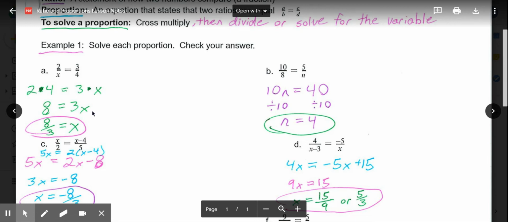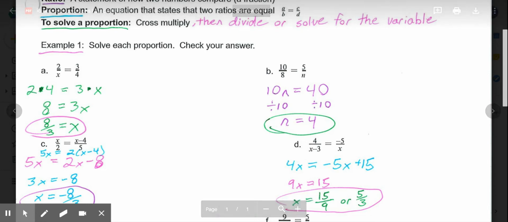So then cross multiply, done, then divide. So divide both sides by 3, and x is 8/3. So our answer here would be x equals 8/3. Don't need to worry about writing it as a decimal unless they tell you to.